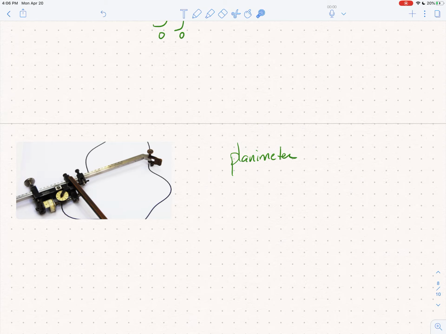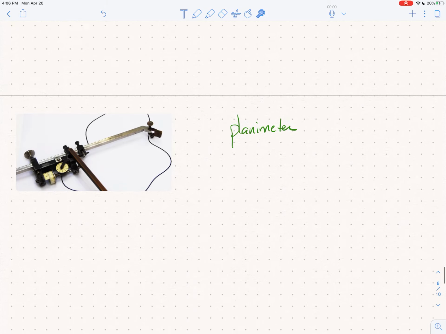But basically, a planimeter is a tool where if you take this part of it and you trace out a curve, then you are able to compute the area of the curve using this tool. They're really interesting. They've been around for quite a while. Nobody quite could prove why they worked until somebody made the connection with Green's theorem in the 1940s, and you can read all about that if you want to YouTube it.